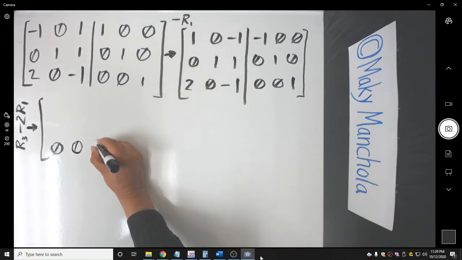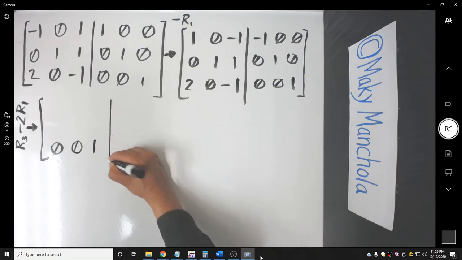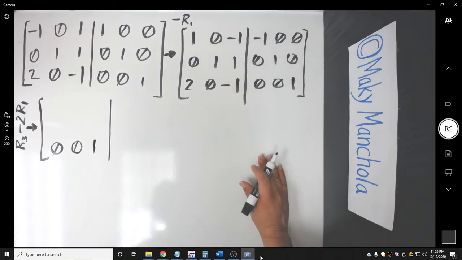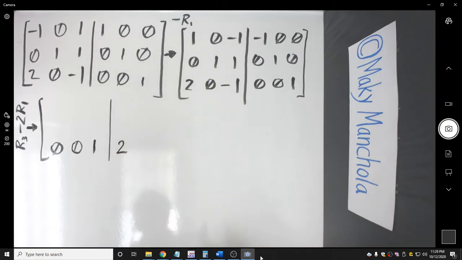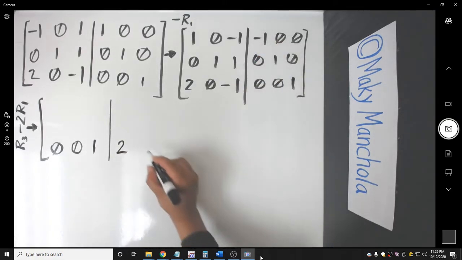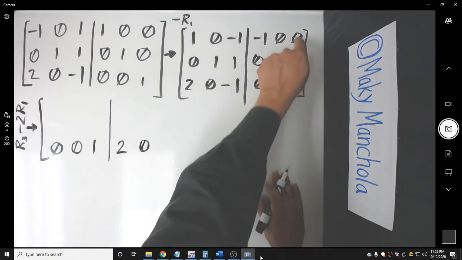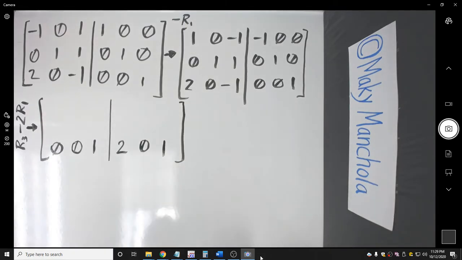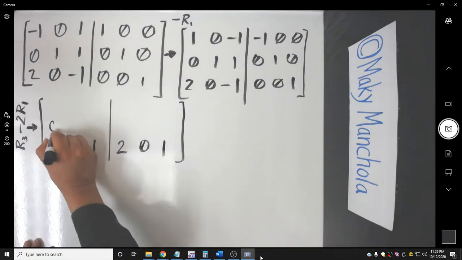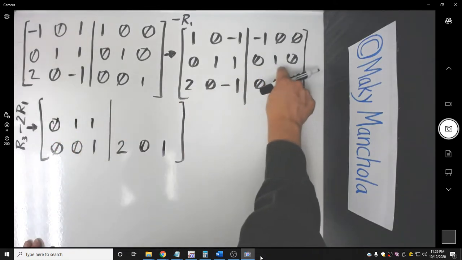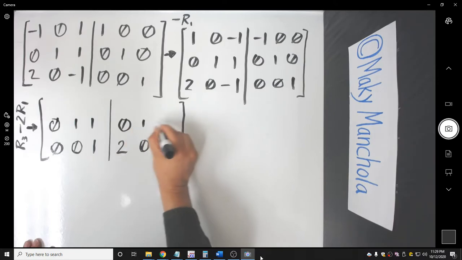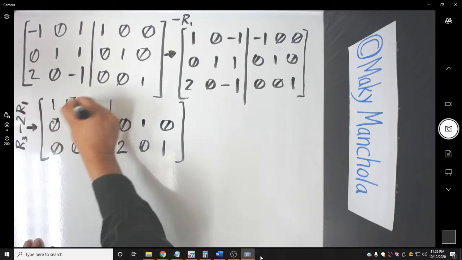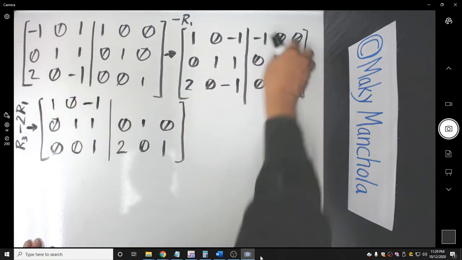Negative 1 plus 2 is 1. 0 minus 2 times negative 1 is 0 plus 2, which is 2. 0 minus 2 times 0 is 0. 1 minus 2 times 0 is 1. Everything else remains unchanged. So that's 0, 1, 1, 0, 1, 0, 1, 0, negative 1, negative 1, 0, 0.